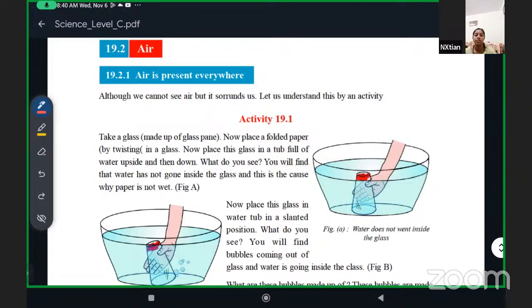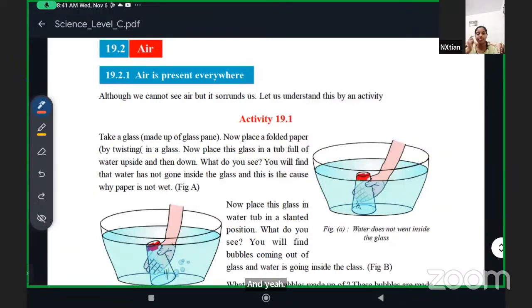Okay. Now, air also contains, say one by one. Anaya, you say first. Air also contains the atmosphere we need. It doesn't just contain oxygen, it also contains other gases such as nitrogen, carbon dioxide. Yes, good.